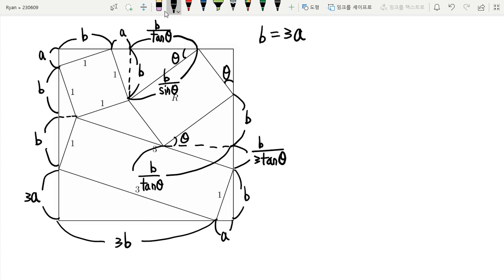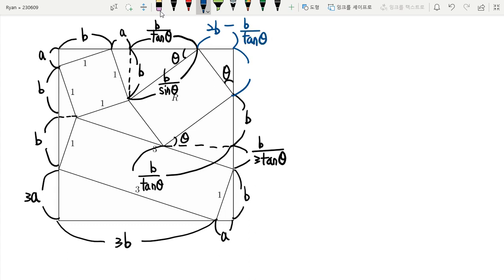And then let's just see how to express these two legs. Because one side length is equal to 3 times b plus a, if we subtract these 3, the remaining length is 2b minus b over tangent theta.